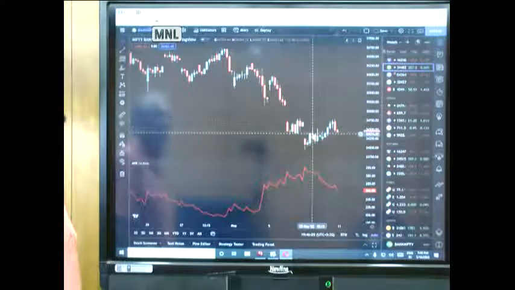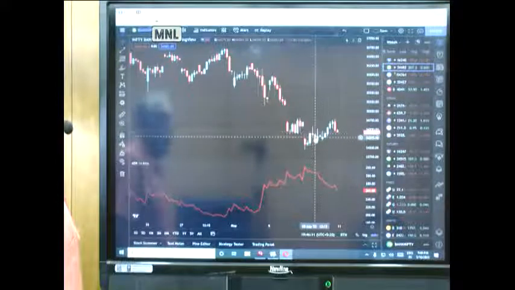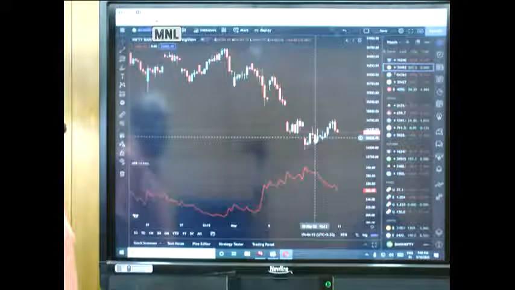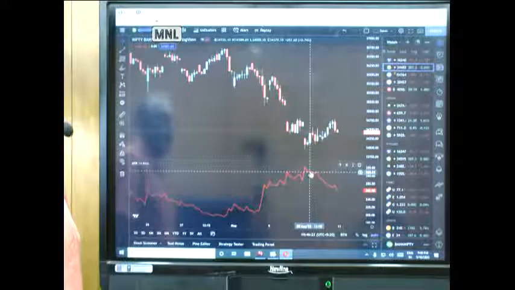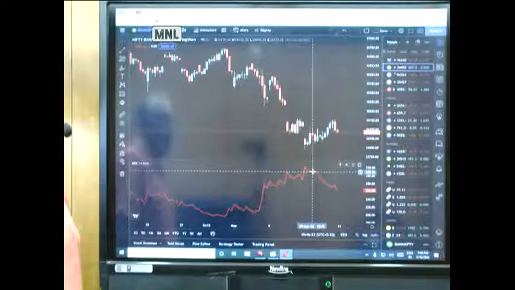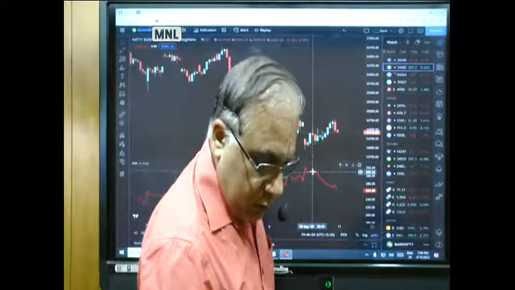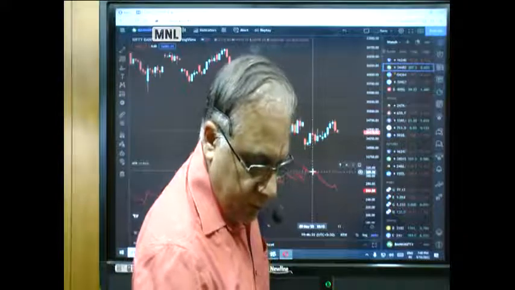So hourly chart, if it is 34,347 minus 300, so 34,307 minus 300.